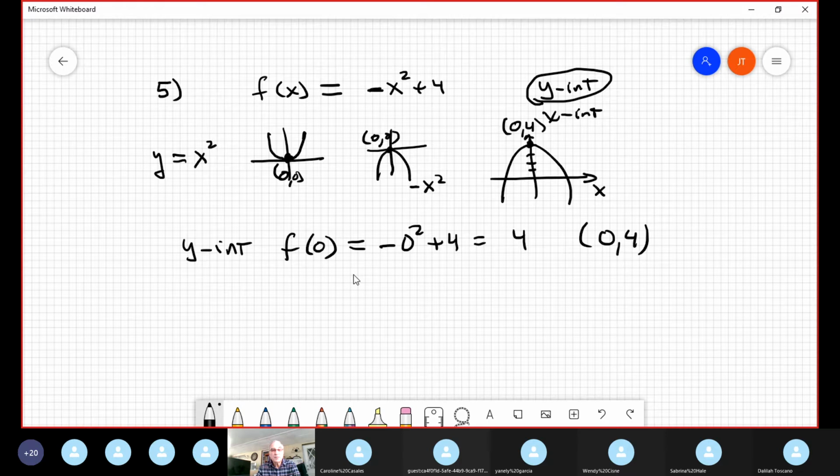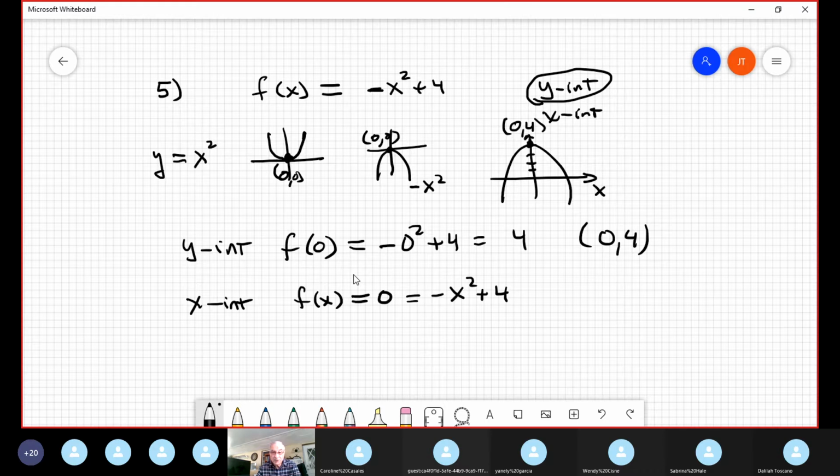Now, the x-intercept. To find the x-intercept, the formula is different. You copy f of x and you force it to be 0. Entonces, minus x squared plus 4. And at that moment we have one quadratic equation, and this quadratic equation is super easy. We solve it by the square root method.